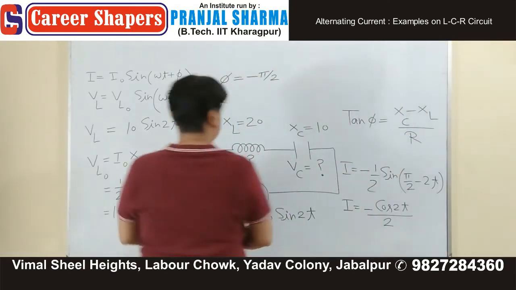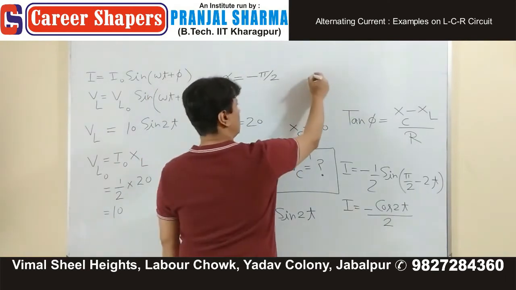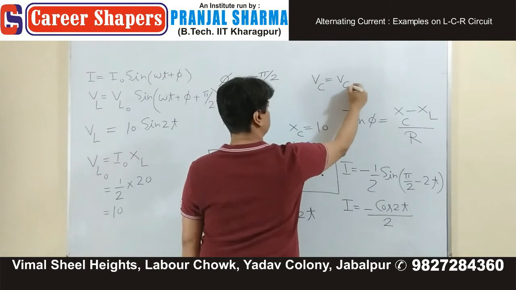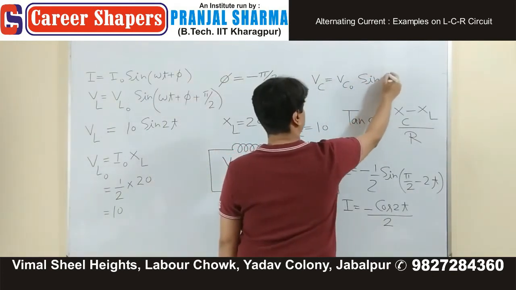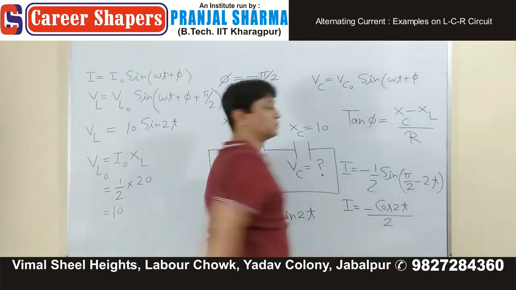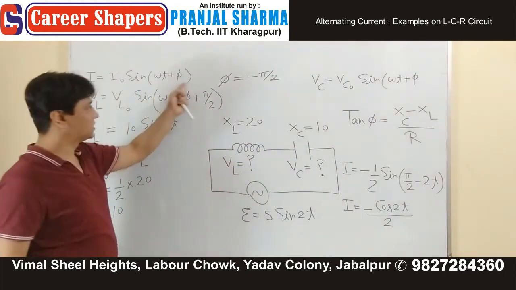For capacitor, VC is VC naught, peak value, sine of omega t plus phi. This is the phase of current. Phase of current is omega t plus phi.